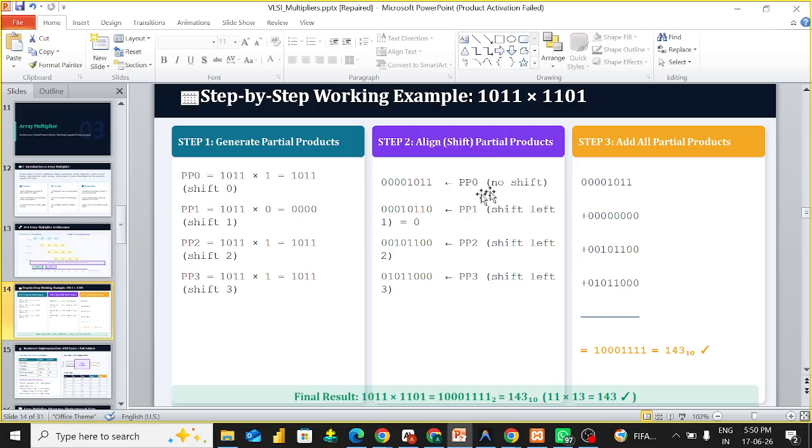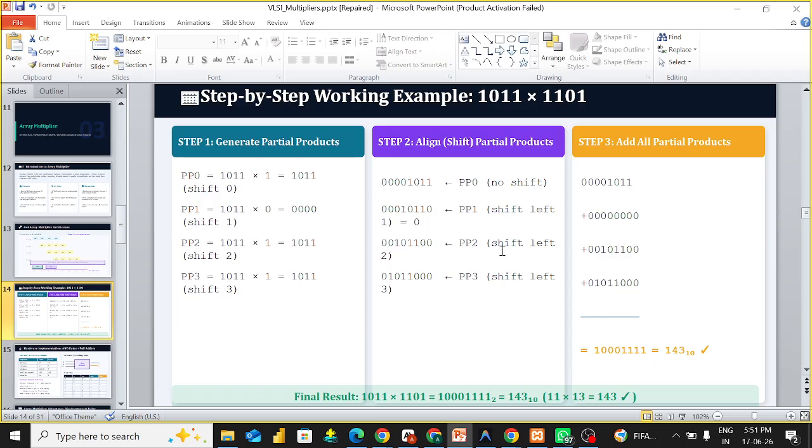But for better reference, to make you understand better, the first partial product is 1011, right? So I have written it like this only. For the second partial product, I have shifted it, added a 0 here. Why? Because if nothing is there, obviously there will be zero. So an empty zero is nothing but an empty value or off state.